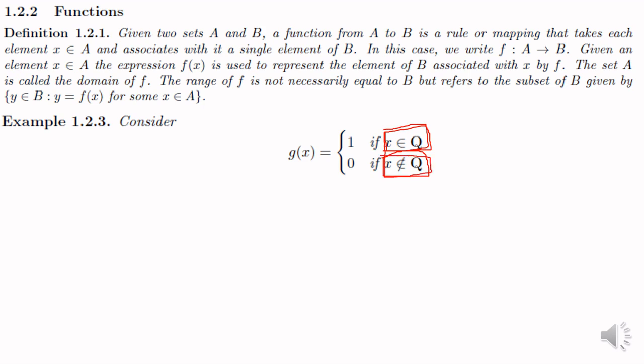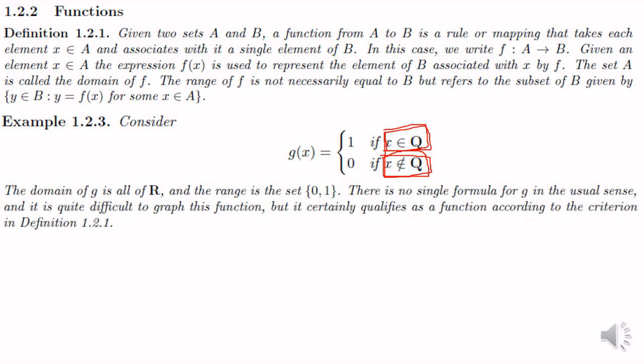So g of x is defined for all rational numbers with value 1, and g of x is defined for all irrational numbers with value 0. So g of x is defined for all the real numbers. So the domain of the function g is R. Now, when you look at the range of g, if x is a rational number, then the image is 1.